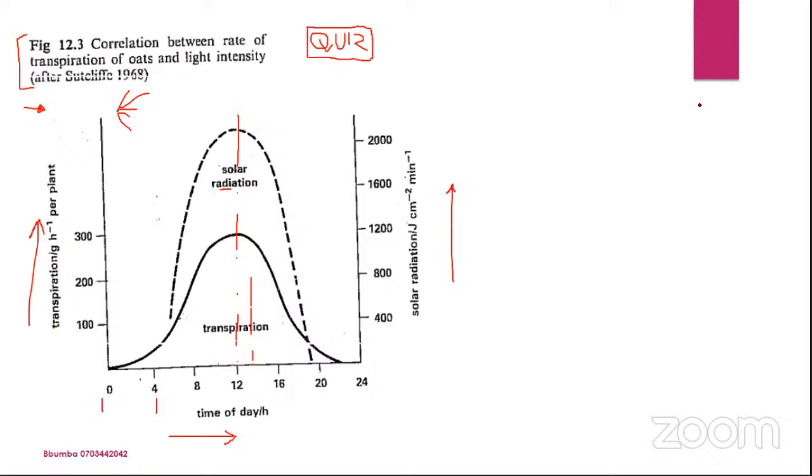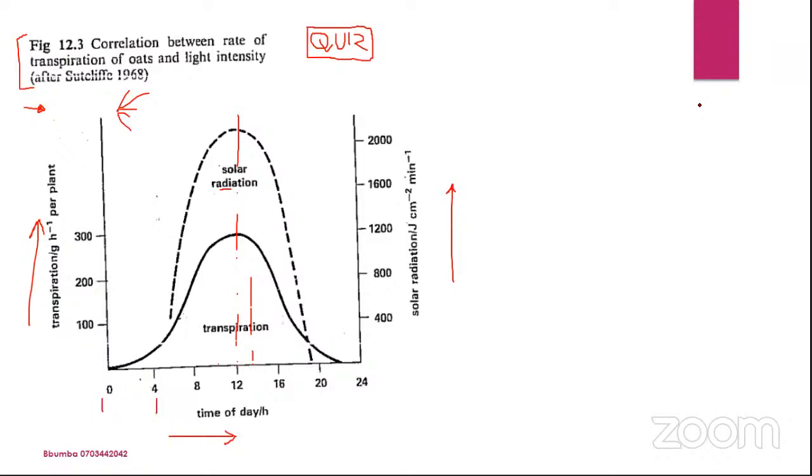Then towards the end of the day, from 12 hours to 20 hours, the rate of transpiration starts to decrease, rapidly actually. That's because the sun has started to set, and so the rate of transpiration lowers.